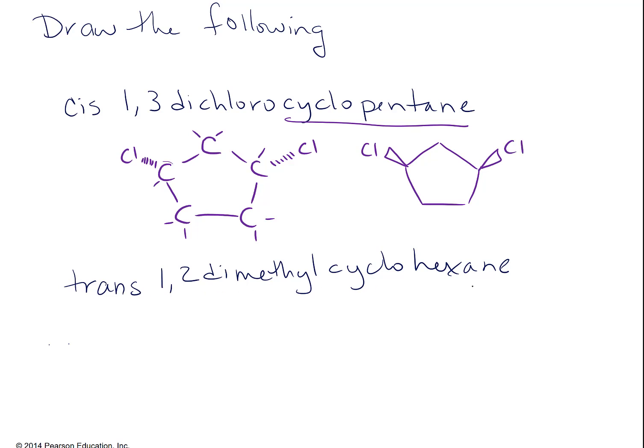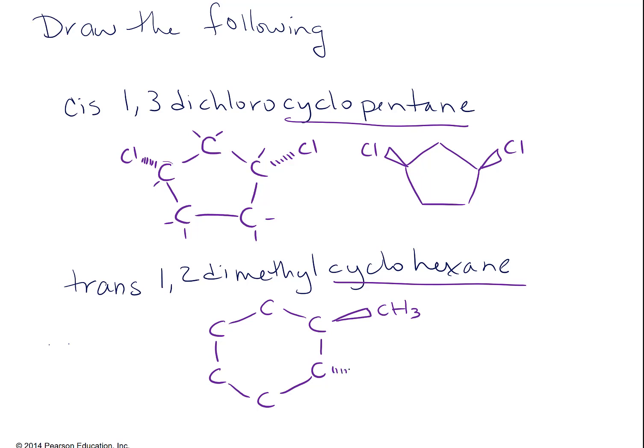Trans 1,2-dimethyl cyclohexane. So now I'm going to do something that hopefully looks like a ring of 6. I have 1,2-dimethyl, so I need to put 2 methyls on carbons 1 and 2. I'm just going to pick 2 adjacent carbons, and they're trans, so that means that 1 sticks out and 1 points back.